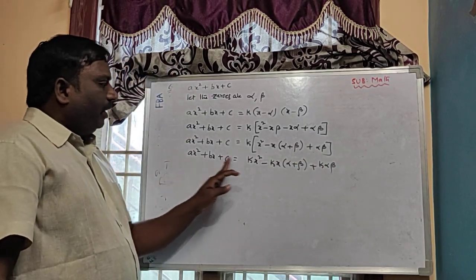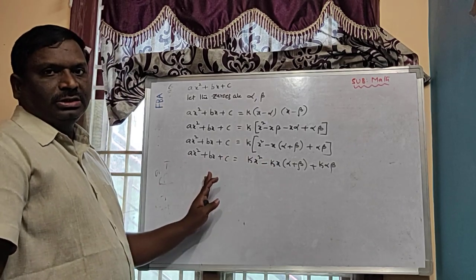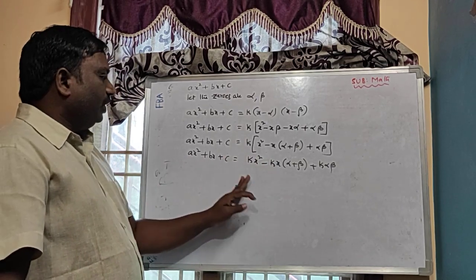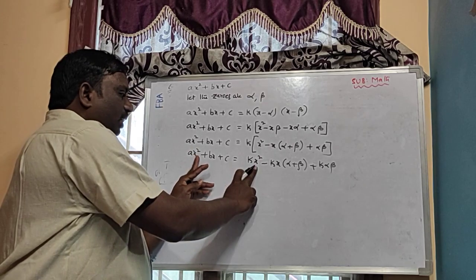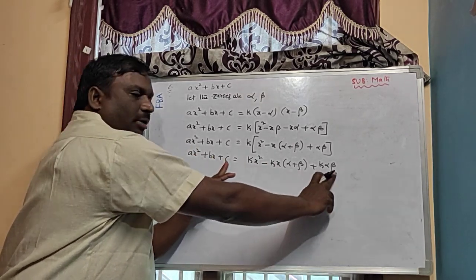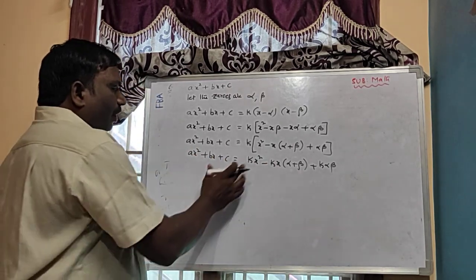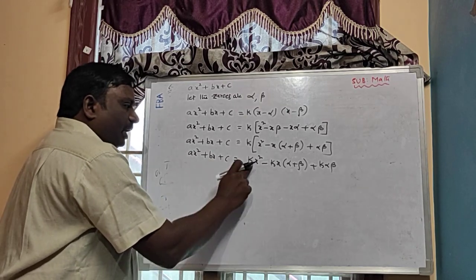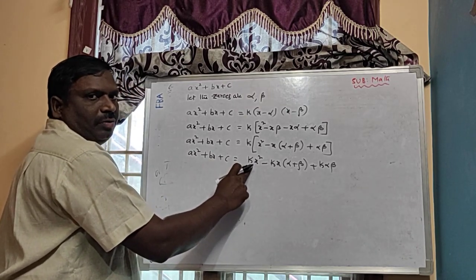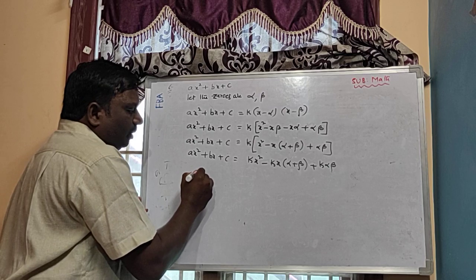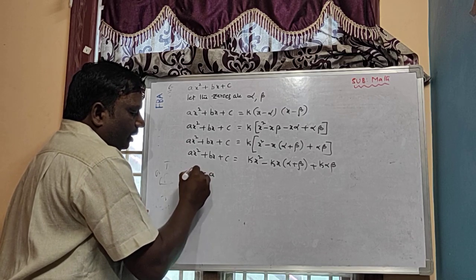Now when you compare these two expressions, the x square term is here, the x term is here, and the constant term is here. When you compare x square terms, then a equals k. That means in the place of k we can write a.